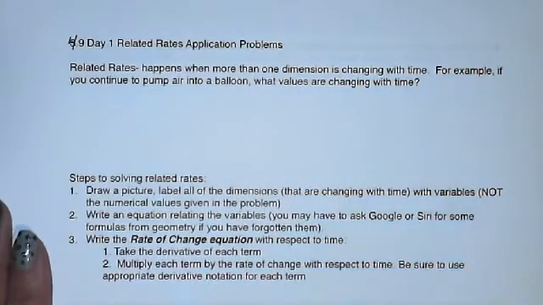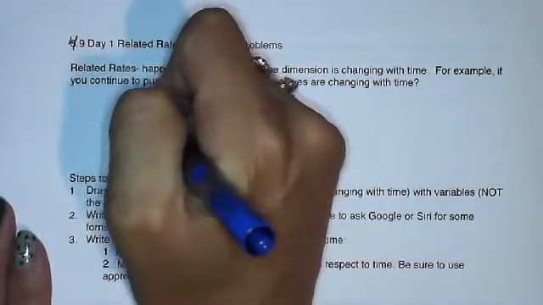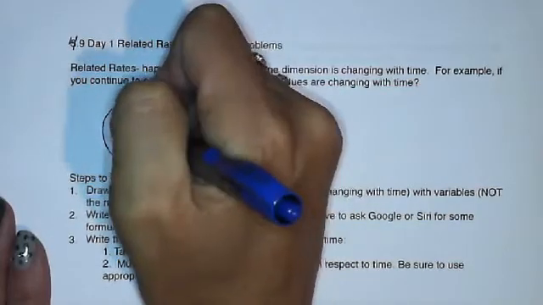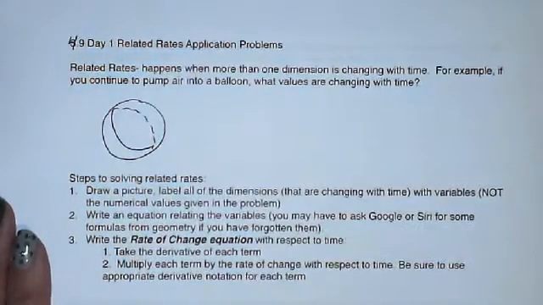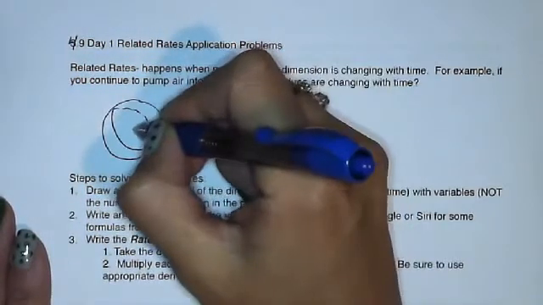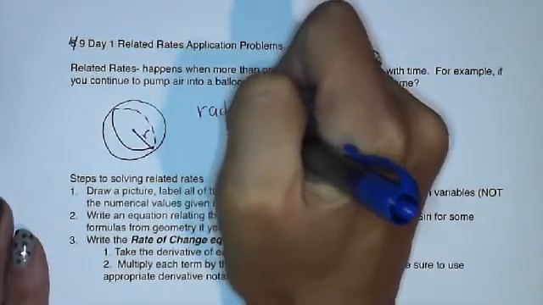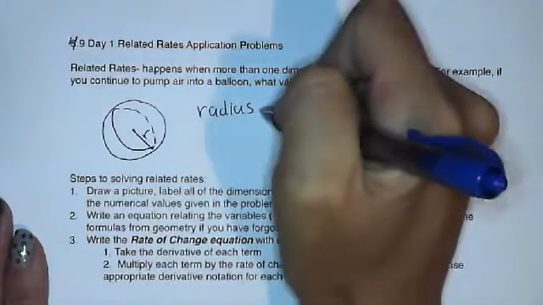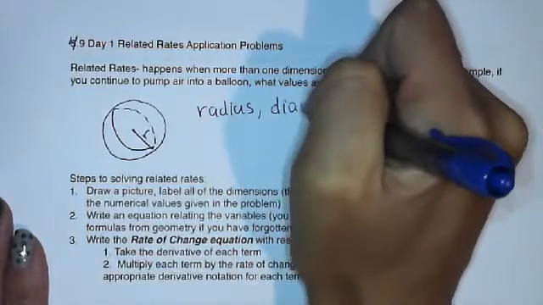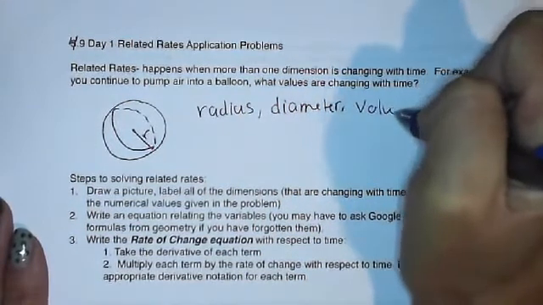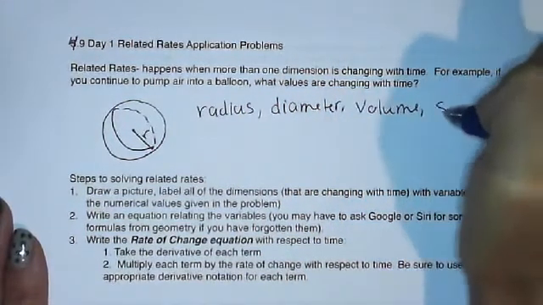So if you think about it, as the air goes in, the radius is going to grow, which is going to make the diameter grow, which is going to make the volume grow, which would make the surface area grow.